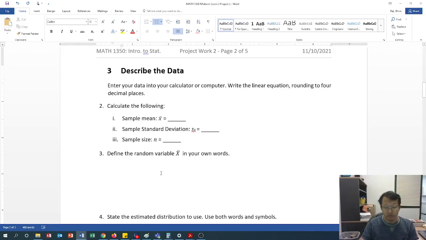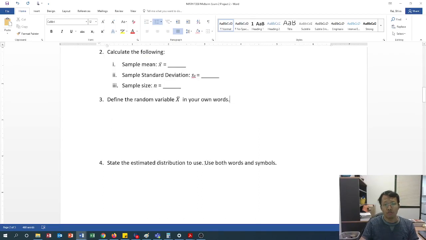I don't think I have to demonstrate that. Now, define the random variable x bar in your own words. So what is that? That's the sample mean. What kind of random variable is that? Please explain that. It is just the sampling distribution.